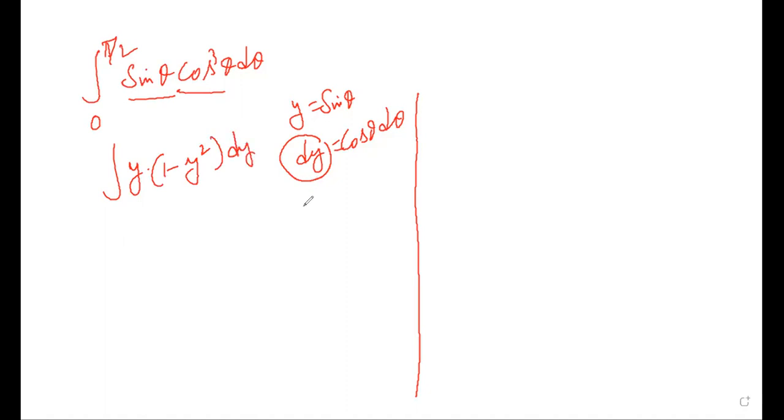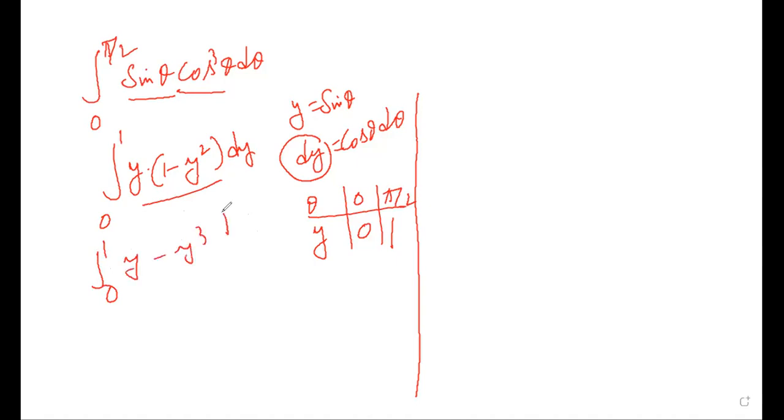Also we have to change the limits, from theta to y. For the lower limit 0, if we put y equal to sine theta, sine 0 is 0, so y equals 0, and if theta equals pi by 2, y is 1. So right now we have the integral from 0 to 1, and this algebraic expression we can expand: y minus y cube, dy.